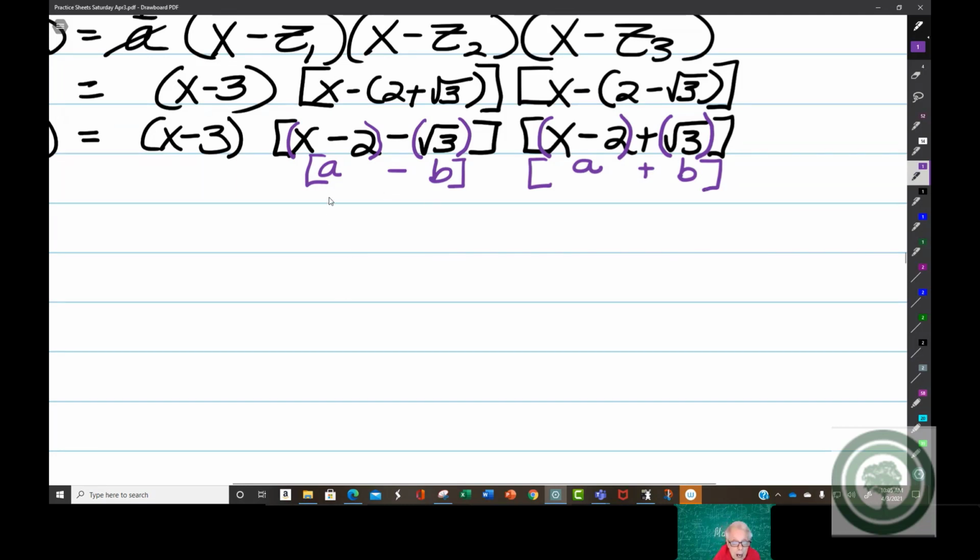Well, I would get, I'm going to keep the brackets, I don't really have to, A squared plus AB minus BA, which is also AB, minus B squared.